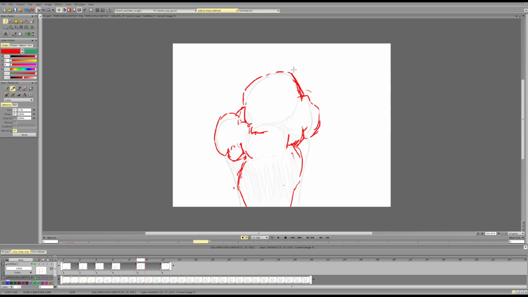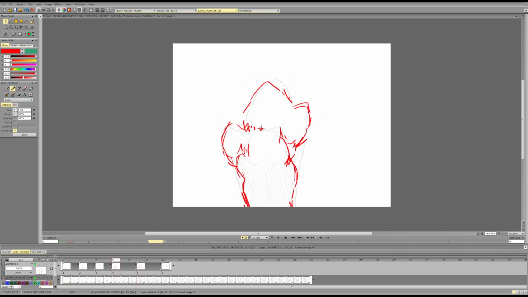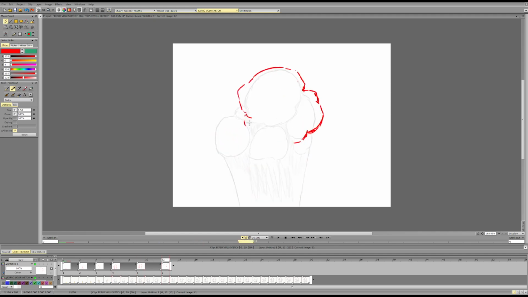I'm basically tracking the rotation of these edges because they define the form. And this one, again, it shows us the rotation of the volume. And I can choose and do like a faster rotation.